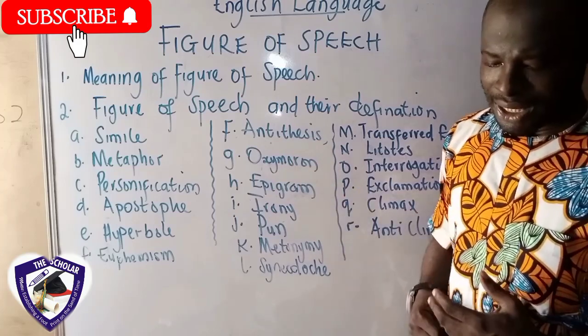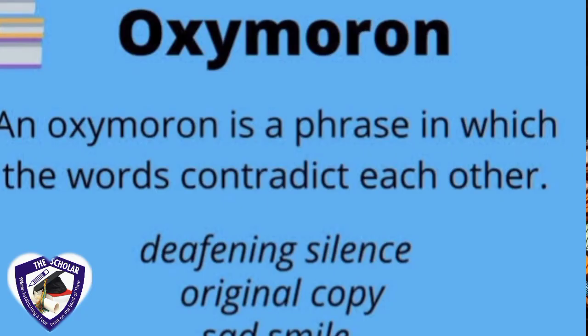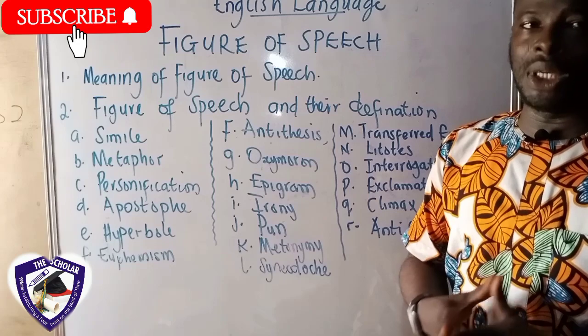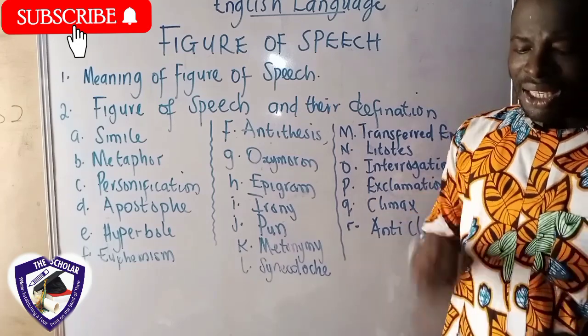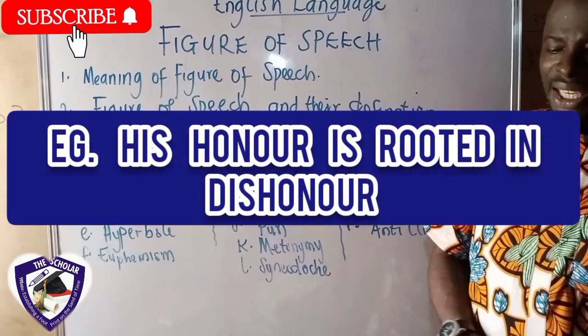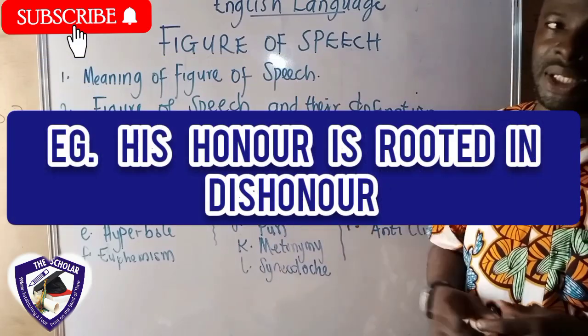Now let's look at oxymoron. So what do we call oxymoron? Oxymoron is a figure of speech which is used to express two contradictory qualities of the same thing. Two contradictory qualities of the same thing. What do I mean by this? If we say that his honor is rooted in dishonor, you will see that honor and dishonor are two opposite qualities.